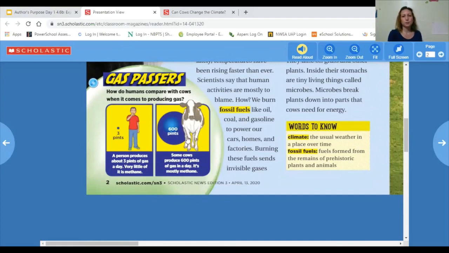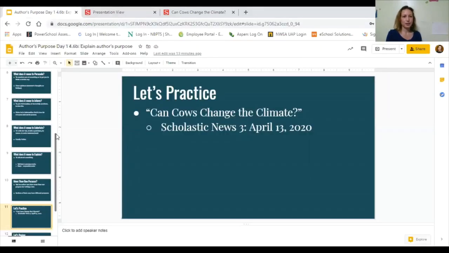So these were both written to inform, but they had different specific purposes. This was about cows releasing greenhouse gases and scientists trying to fix it. This was written to give information comparing people and cows. So let's go back to our presentation.